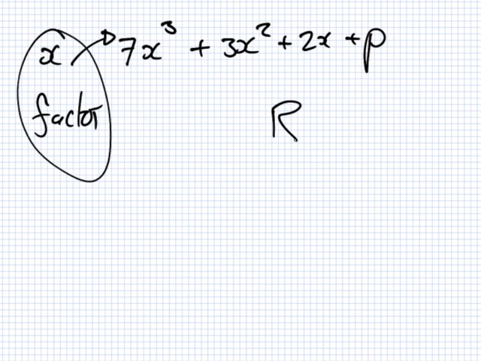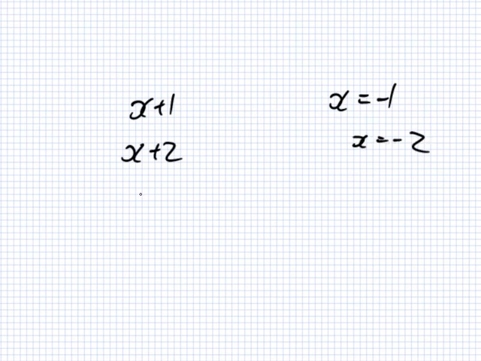You know the way you substitute in a value for x. So think about this. If I said x plus 1 is a factor, what do I use for x? Minus 1. And x plus 2? Minus 2. So what about if I just said x? 0. Yeah, because x is like x plus 0. So I should use 0.